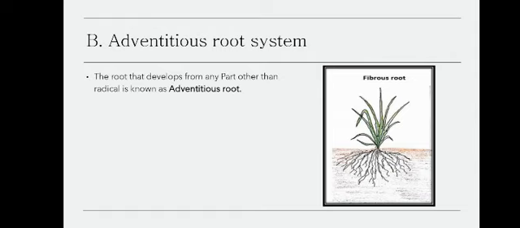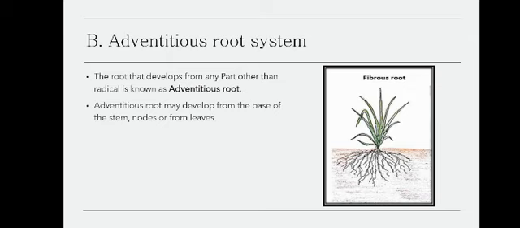Roots that develop from any part other than the radicle are known as adventitious roots. When roots develop from the radicle of the embryo, it is known as a taproot system. In the embryo, without the radicle, using other parts, the adventitious root system is developed.